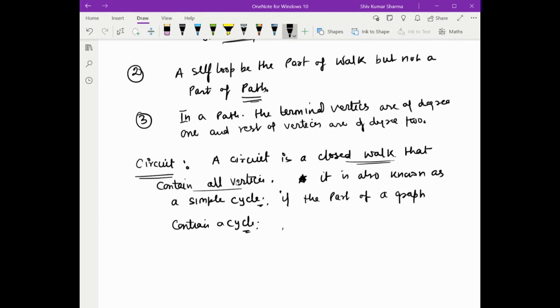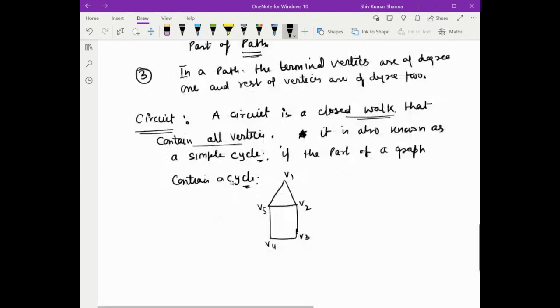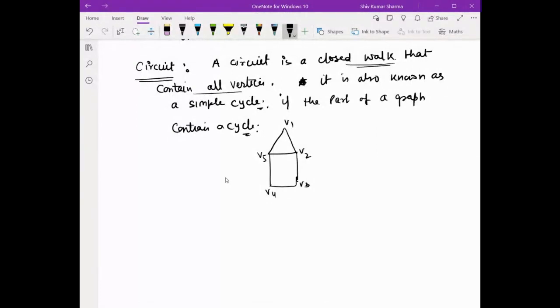So if you have an example, such type of example, this is the example of graph G. We define vertices V1, V2, V3, V4 and V5. We have five vertices and corresponding edges, and the subgraph, that means the circuit.